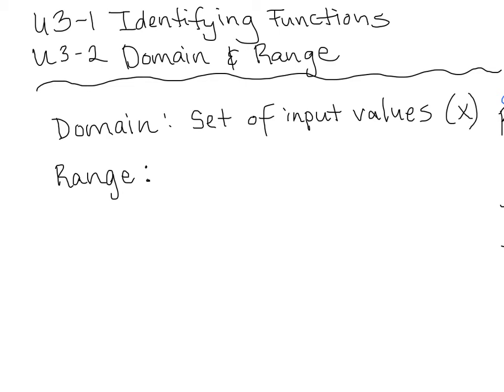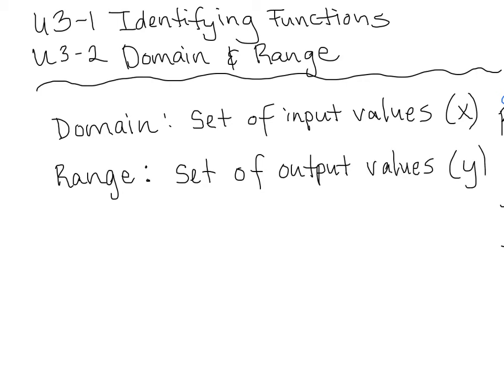The range is the set of output values. We think of those a lot as our y values. So if you're asked to list the domain and the range, we need to refer to the x values for domain and y values for range.